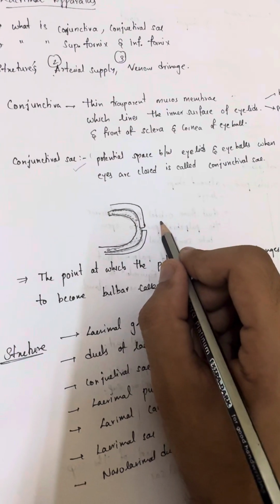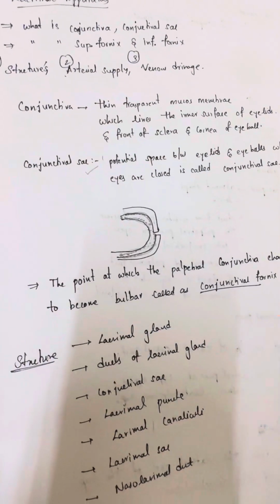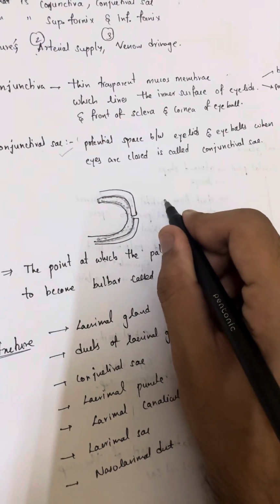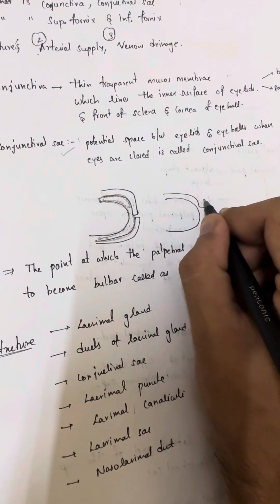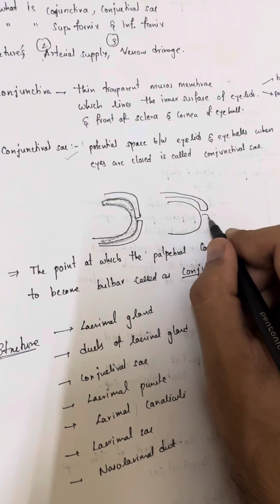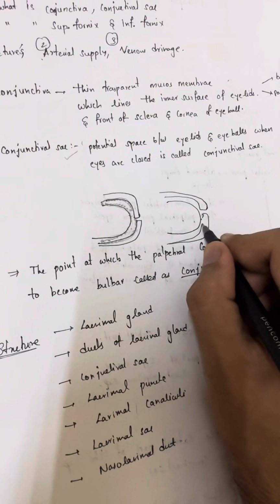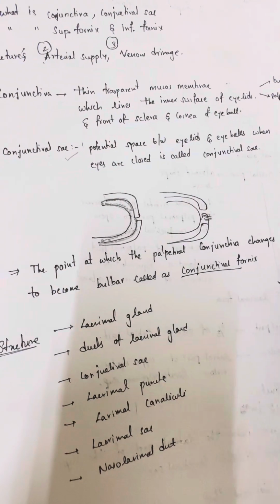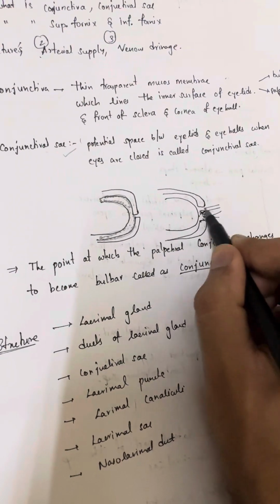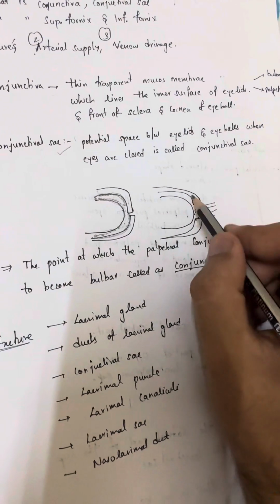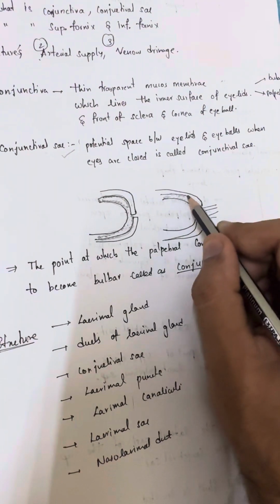And when we open the eye, the representation would be like this: the eyeball and this upper eyelid. Sorry for the bad diagram, but the lower eyelid, the light entering, and we have the mucous membrane, that is conjunctiva.